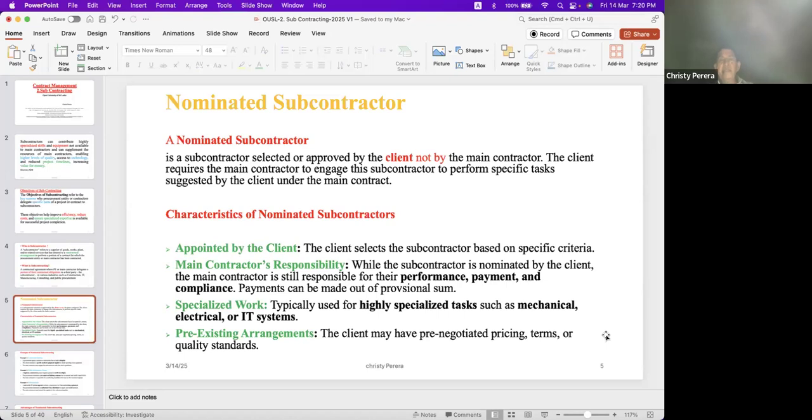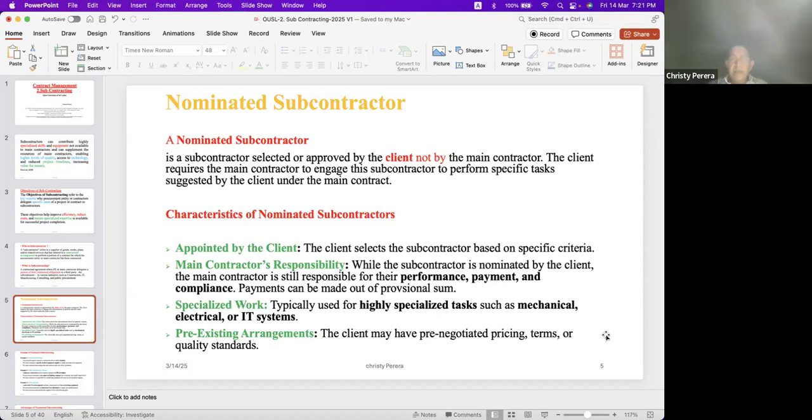Now, one area is the payment to a subcontract, nominated subcontractor. So I will say, okay, out of 20, 10 million is his price. Nominated subcontractor's price. I will tell the main contractor, you pay that 10 million, but you can get it from the provisional sum.